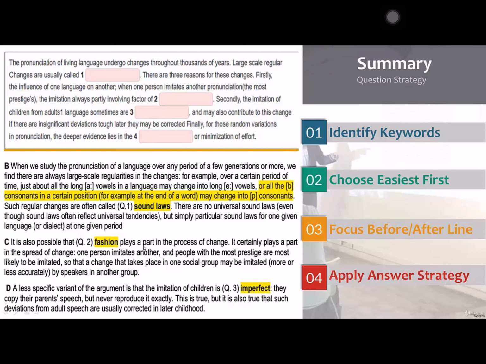But I want you to pay attention to what they're doing here from a summarizing standpoint, right? This first part of the sentence, firstly, the influence of one language on another, comes from the second sentence. It certainly plays a part in the spread of change. One person imitates another. That language from the first part of this sentence is said in the second sentence in the passage.